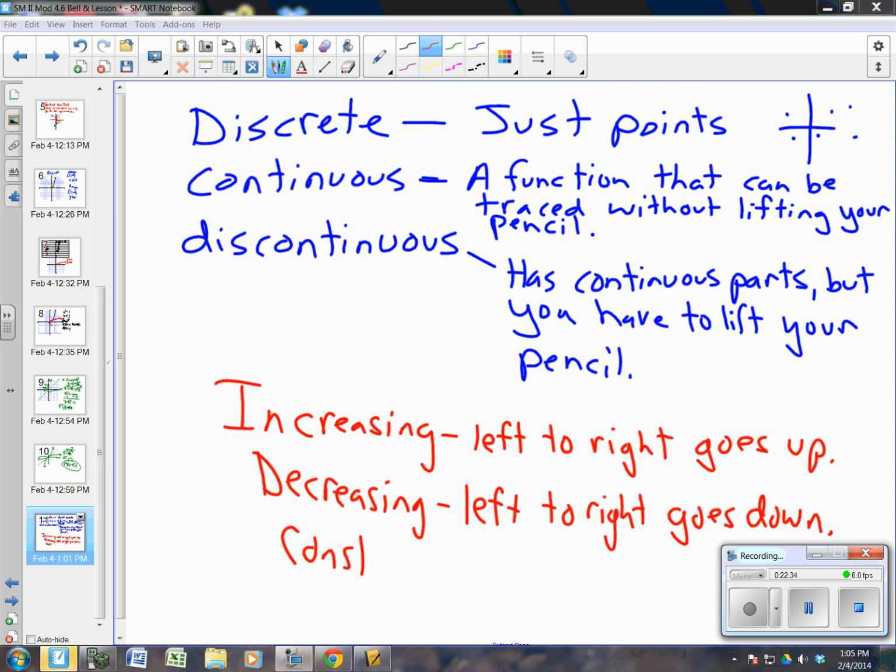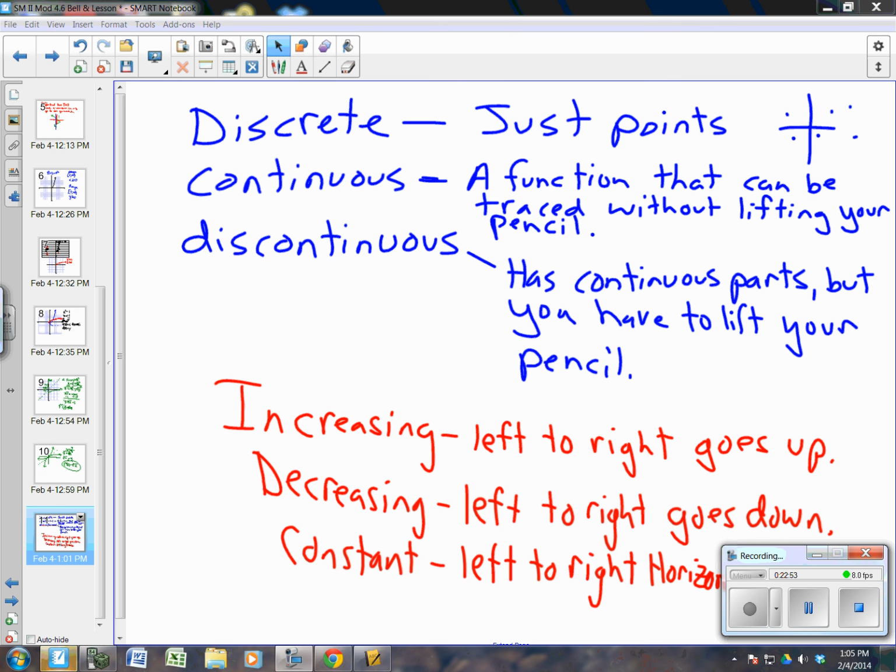Constant means left to right, not linear, because all of them are linear, is horizontal. In other words, it stays the same number the whole time, right? Okay? So it means it stays horizontal.